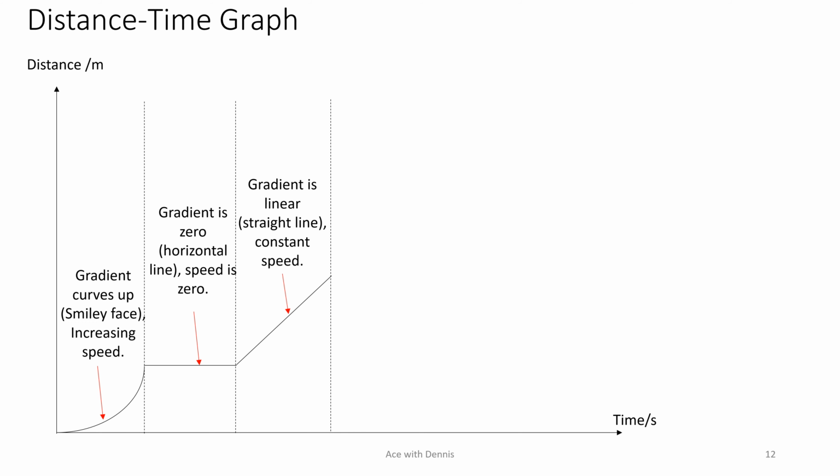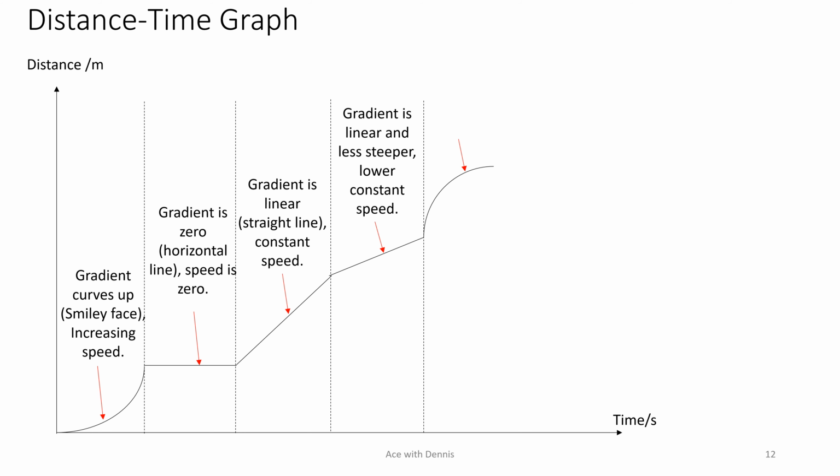So this is a straight line, or the gradient is linear. That means it is constant speed. For this case, the gradient is linear and less steep, so it is at a lower constant speed. So this gradient curves down, or a sad face, it is decreasing speed.